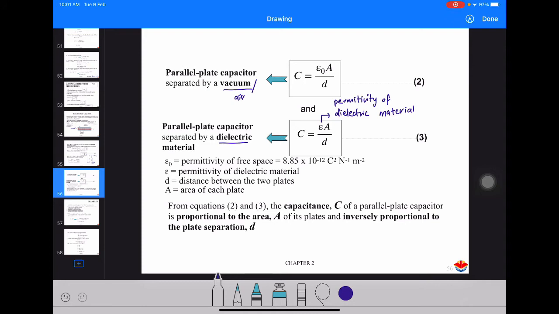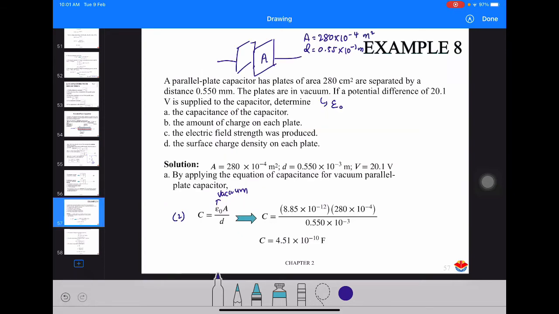They give you the value here, 8.85 times 10 negative 12. So you substitute over here, and then you multiply with A, which I already took out here, times 10 negative 4, and then divided by D, and then straight away you get the C, the capacitance of the capacitor.